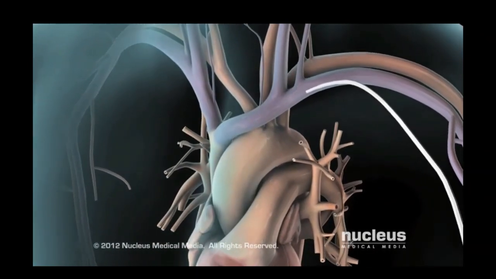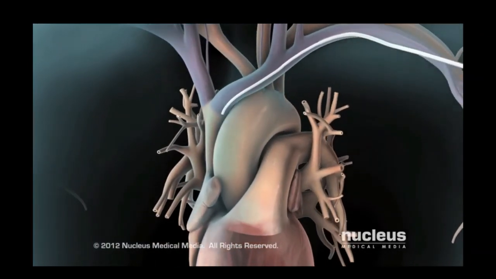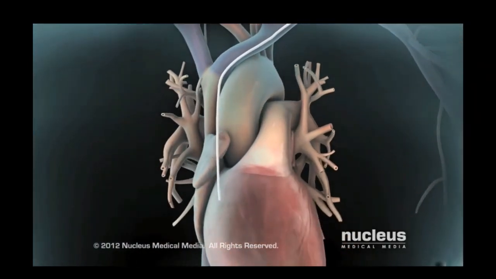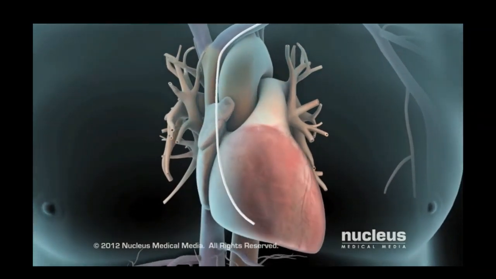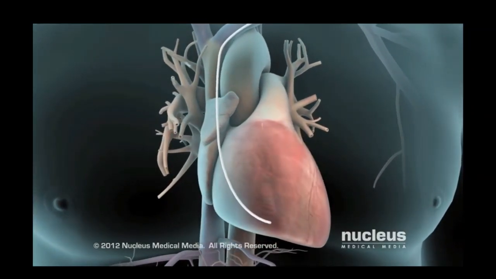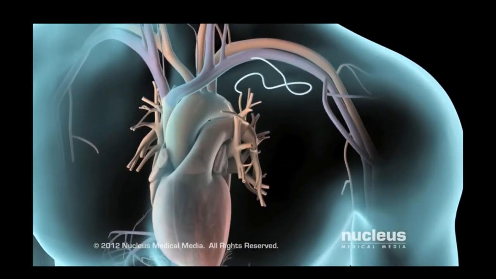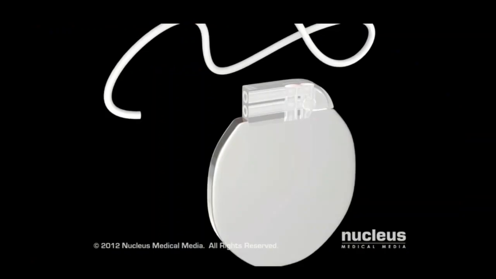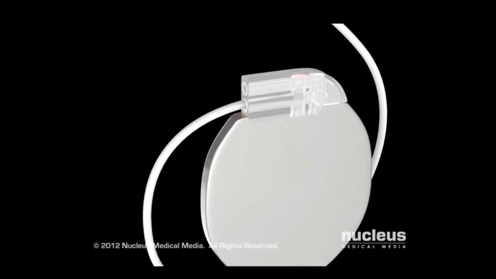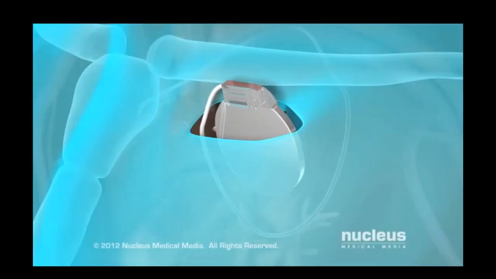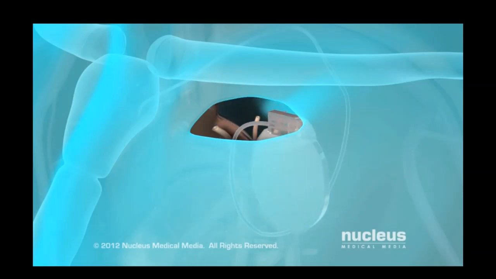During the procedure, your doctor will thread a small wire through a vein until it reaches your right ventricle. The wires continuously monitor the heart's rhythm. After verifying the wire is in the correct location and works properly, your doctor will attach the wire to the ICD generator. Then your doctor will insert the ICD device under the skin of your chest below the collarbone.